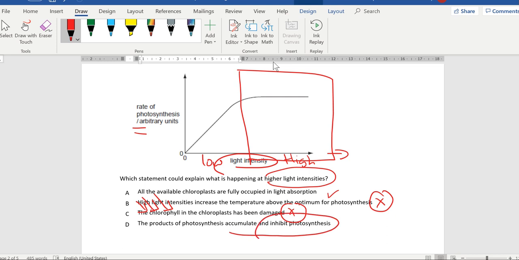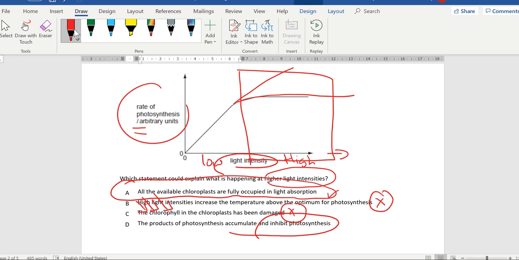If this is true, that means the graph will go down. So that's not true. And the only one that makes sense is this, A. So why is it that when we increase the light intensity even more, the rate of photosynthesis doesn't increase? Instead, it plateaus. It's because all the available chloroplasts are already fully occupied in light absorption, so you can't absorb any more light.